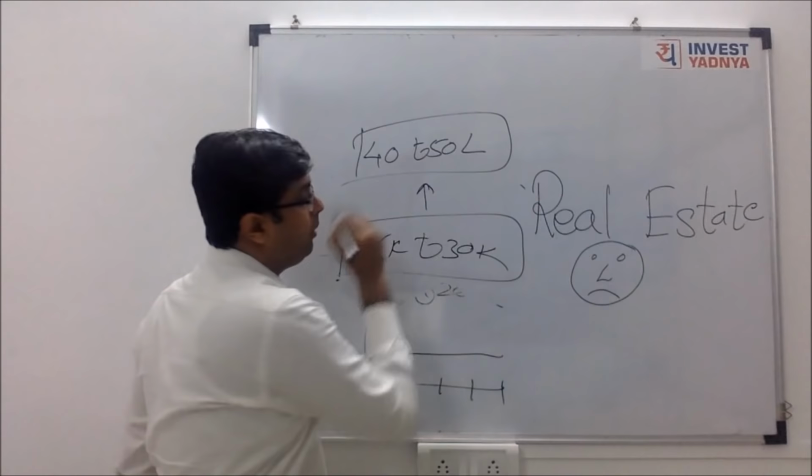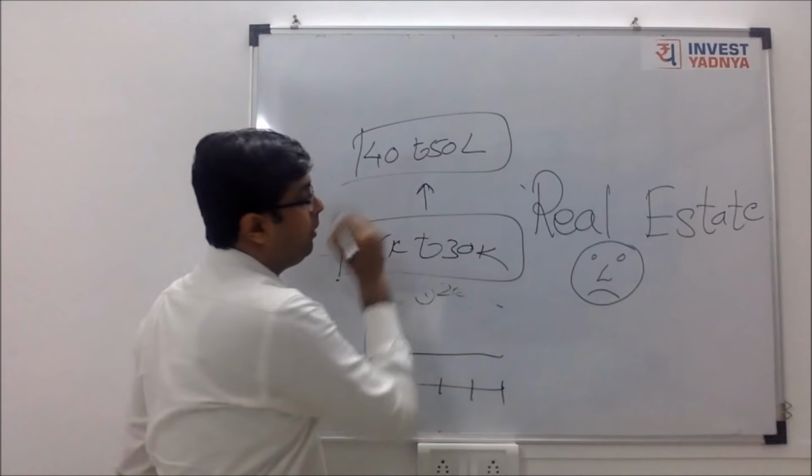So the main reason why real estate prices are not going up, the first and the most important reason, was the exponential growth we saw between 2003 and 2013. In those ten years, we saw the real estate asset class going up by close to 30 to 35% per annum, when your economy was growing at 7 to 8% per annum.